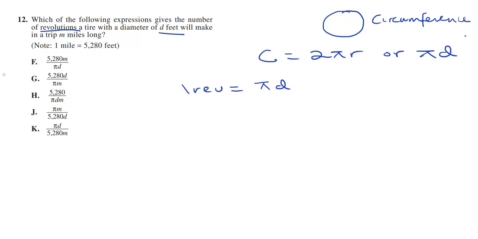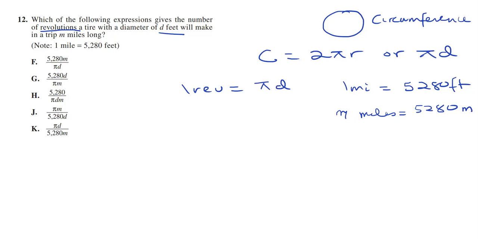And we're saying that the trip is m miles long. So 1 mile is going to be 5,280 feet. So m miles is going to be 5,280 m. So that is the distance that is going to be traveled. This is one revolution.